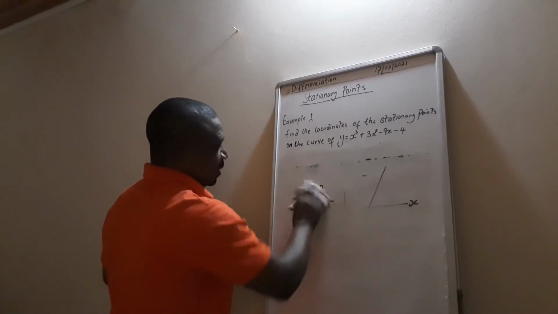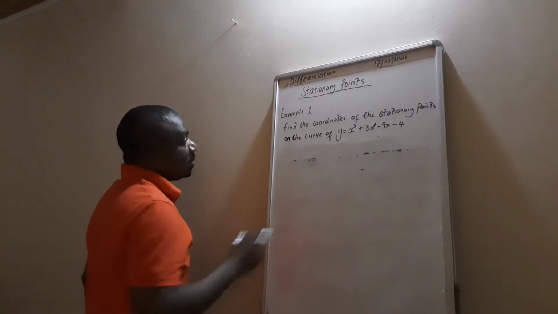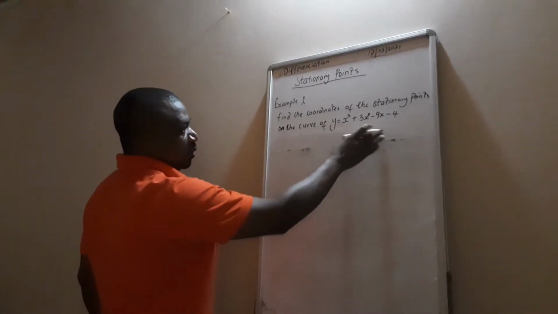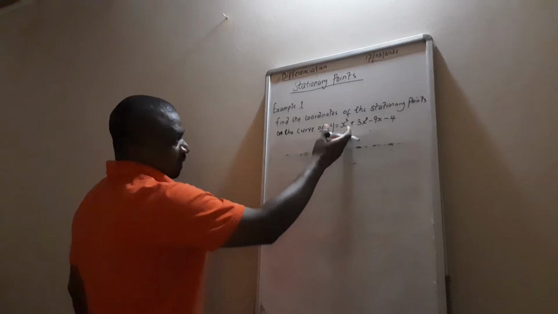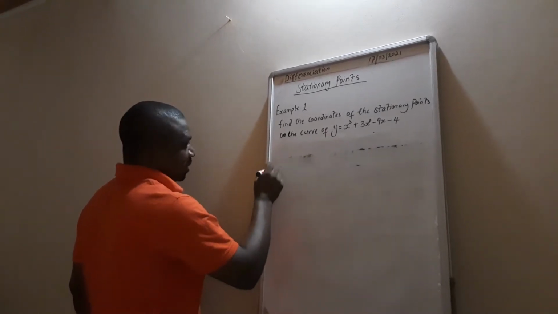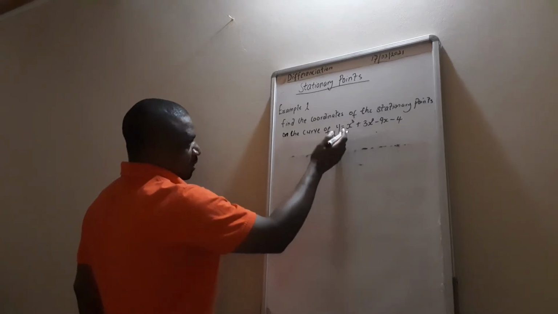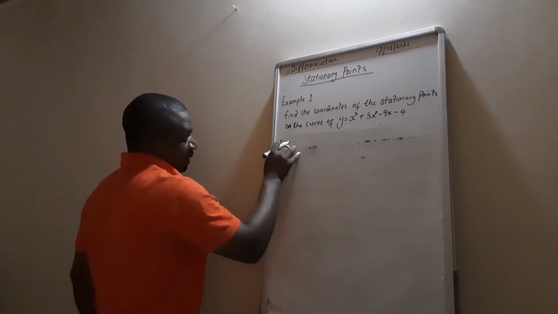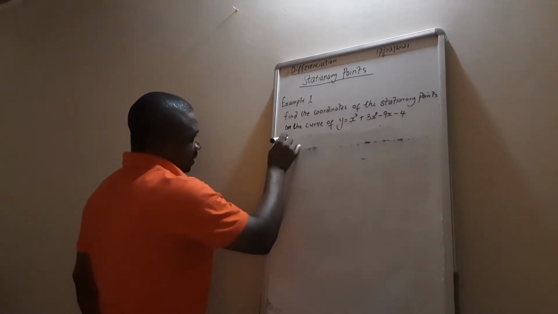So we have a problem here under stationary points for more understanding. We have this function here. The first thing we do is to find the first derivative of the function. We have 3x to the power of 3 minus 1, that becomes 2.